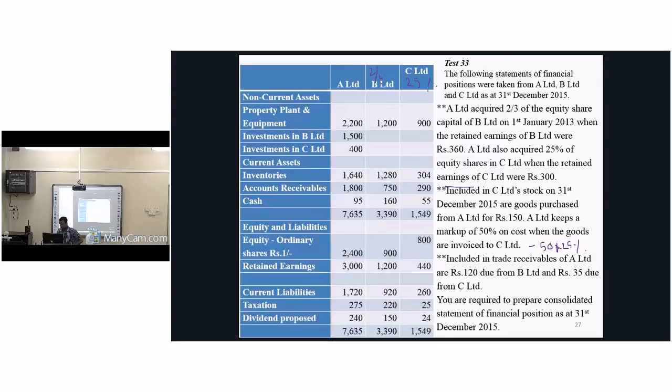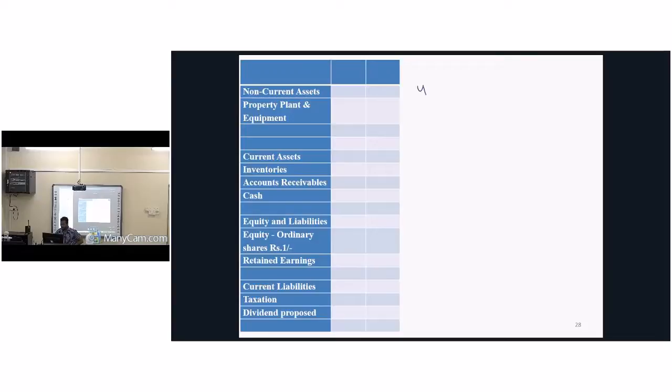The reason is C Limited is an associate now. The parent did not sell to a subsidiary; the parent sold to an associate. Therefore 12.5 should be recognized as the unrealized profit. What's the double entry now? I can't write it there because I need to prepare accounts.